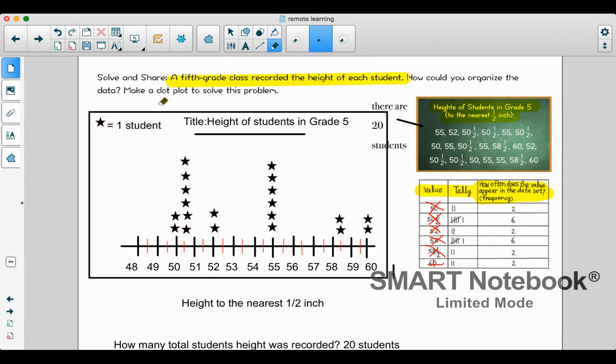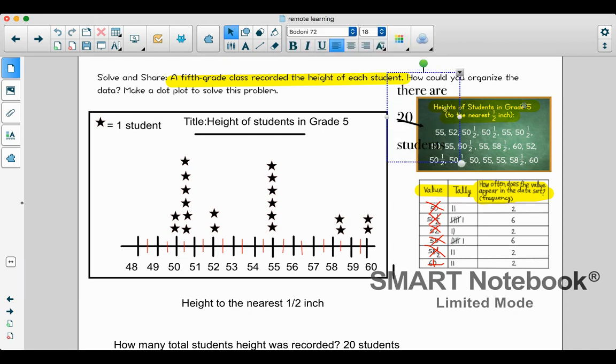And I'm going to move this like that. I think that looks much better.